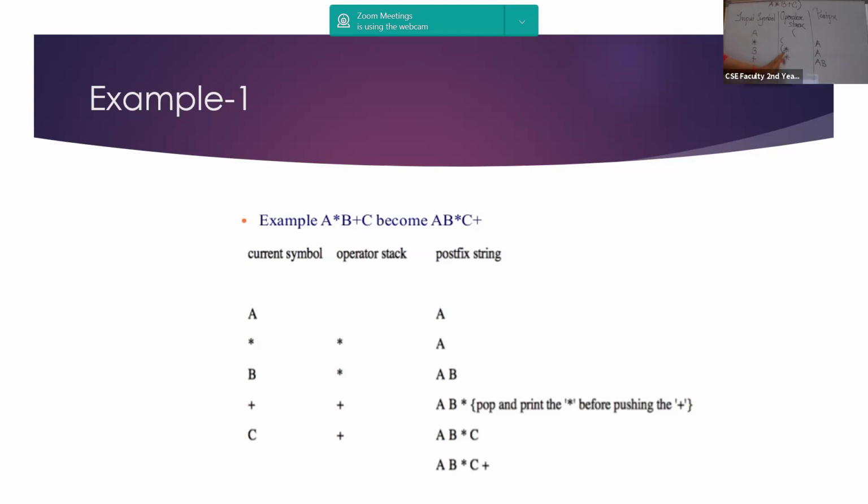In that case, the higher priority one will be popped and it will go that side. So the lower priority one will come to the stack, the higher one will be popped, and the higher one will come here. Is it clear? Yes, ma'am.